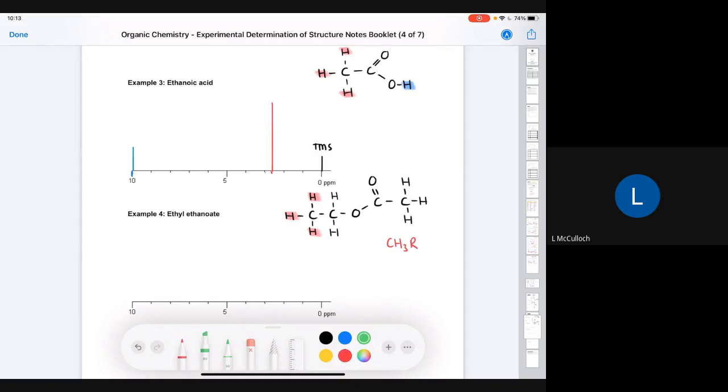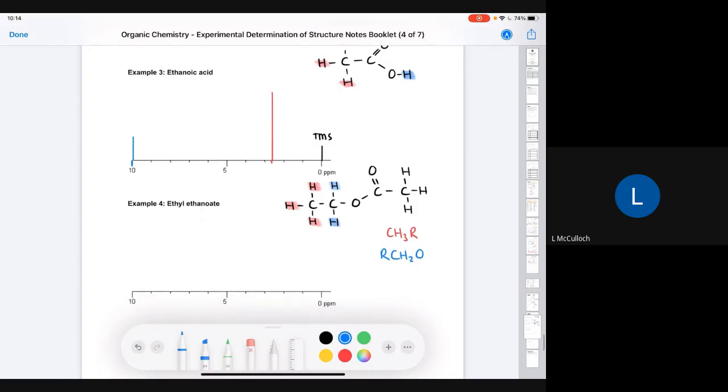We then have these 2 hydrogens here bonded to the same carbon, and they are also in the same environment as each other but different to the red hydrogens, and that environment is a CH2 with an R and an O. And then finally we have these 3 hydrogens here that are also in their own environment, and that environment is a CH3 bonded to a C double bond O.